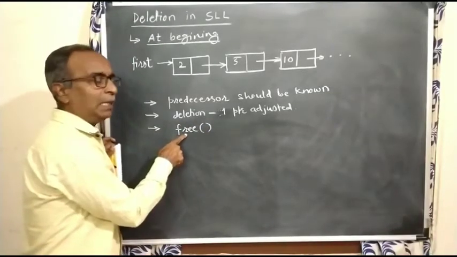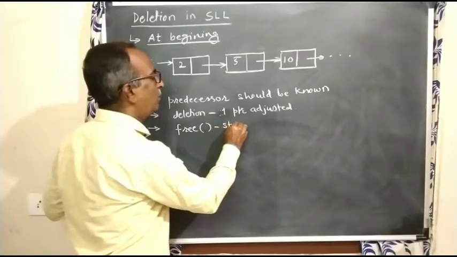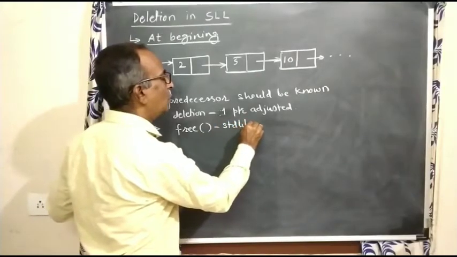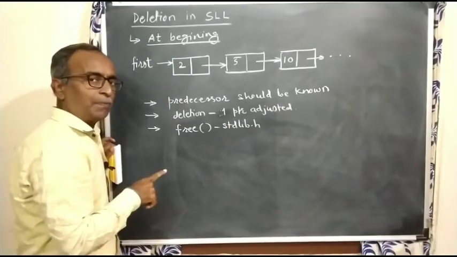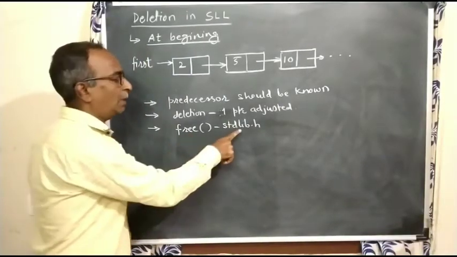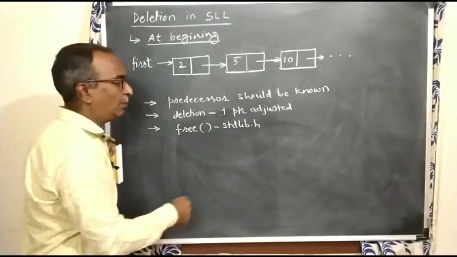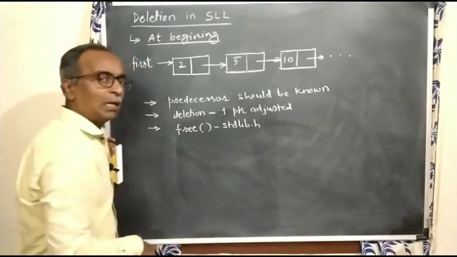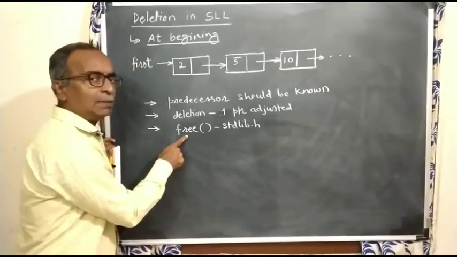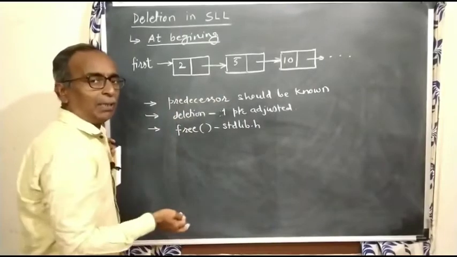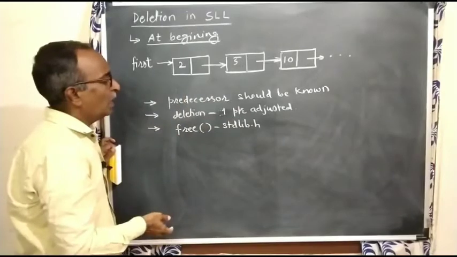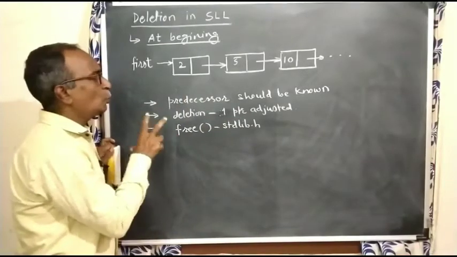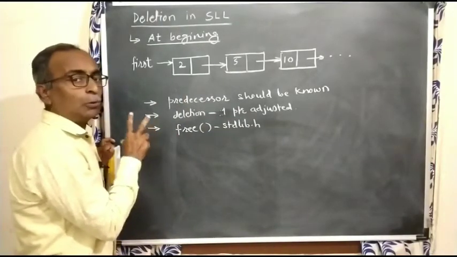This is one of the deallocation functions defined in stdlib.h. malloc we have used. malloc and free, they are defined in stdlib.h, and that you have to include. So free does return the memory whatever you have allocated for a node to free pool. So these things you should know for all deletion also.